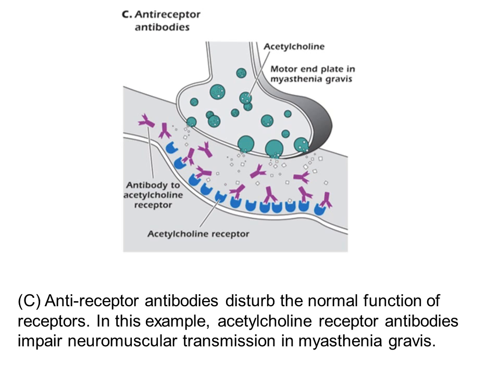A typical example, as we gave before, is with acetylcholine receptors. You can see the motor end plates, acetylcholine being released, and this is a synaptic cleft, and you have the acetylcholine receptor on the other end of the membrane. Normally acetylcholine would come and attach to it.